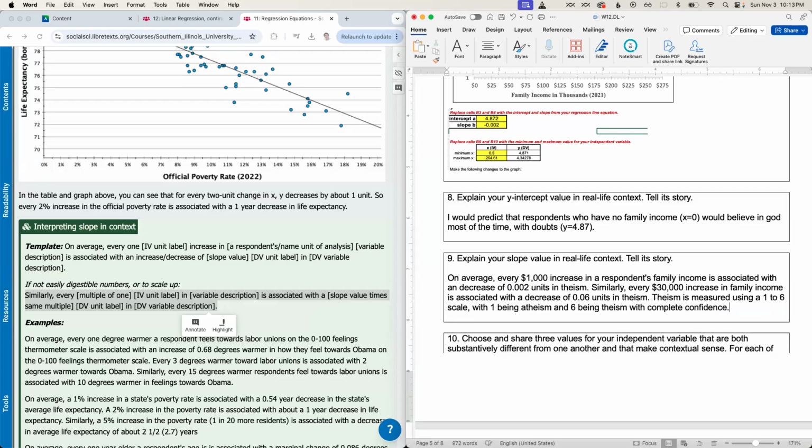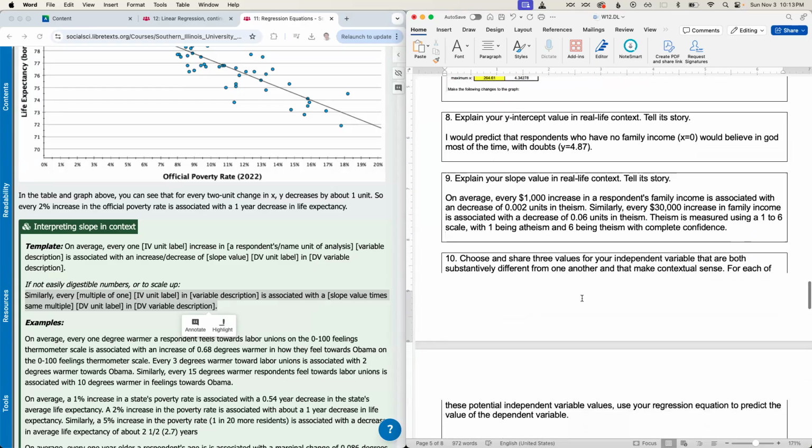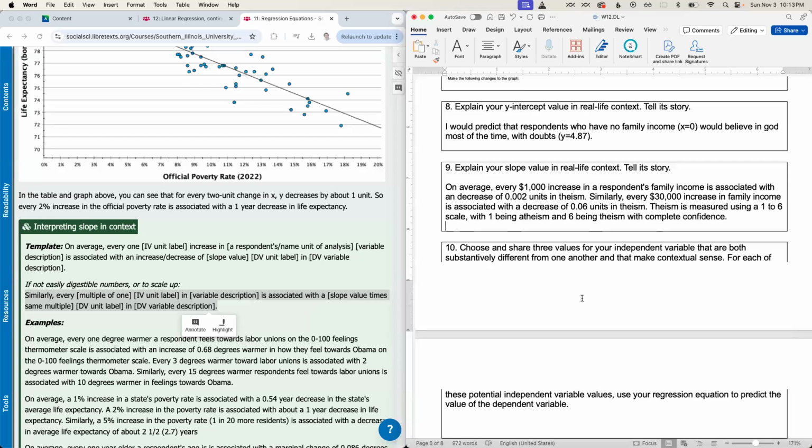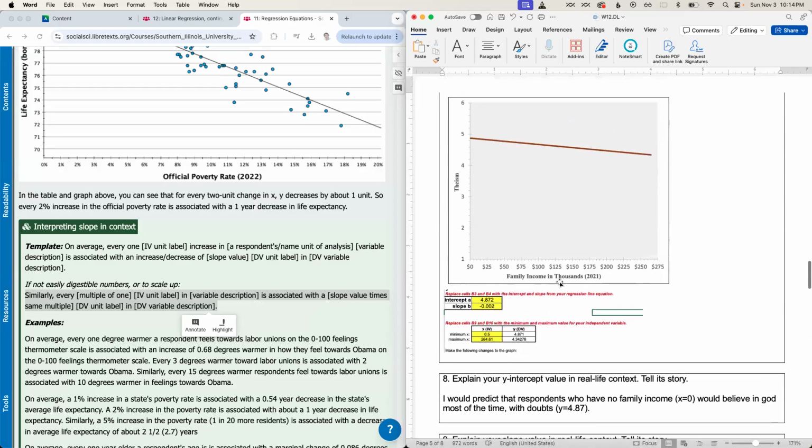And so that's telling us that it's not that big of a change, is it? Okay. Choose and share three values for your independent variable that are both substantively different from one another and that make contextual sense. So what does that mean? That means that I'm going to make predictions for different income levels, and I want to make them between this minimum and maximum.